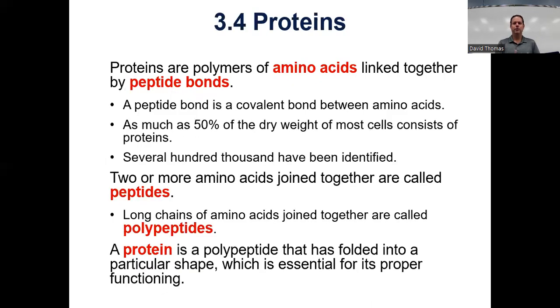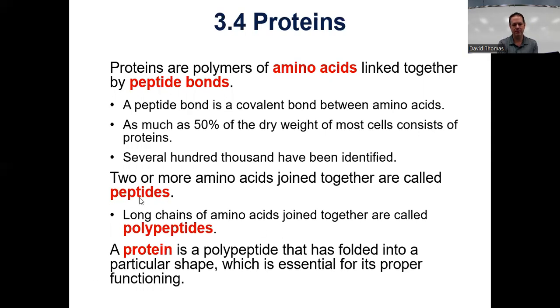All right, let's look at a little bit of proteins. Proteins, we've already mentioned, are formed from a polymer. The subunit is an amino acid. That's the smallest subunit of a protein, so make sure you make a note of that. Amino acids combine together to form eventually polypeptides or proteins, and they have a specialized bond called a peptide bond.